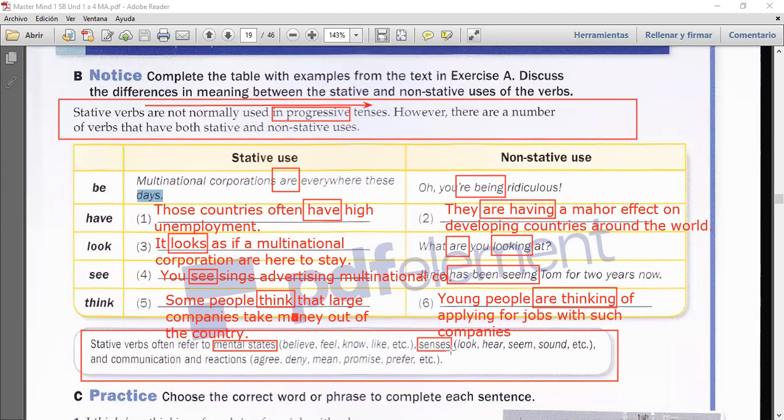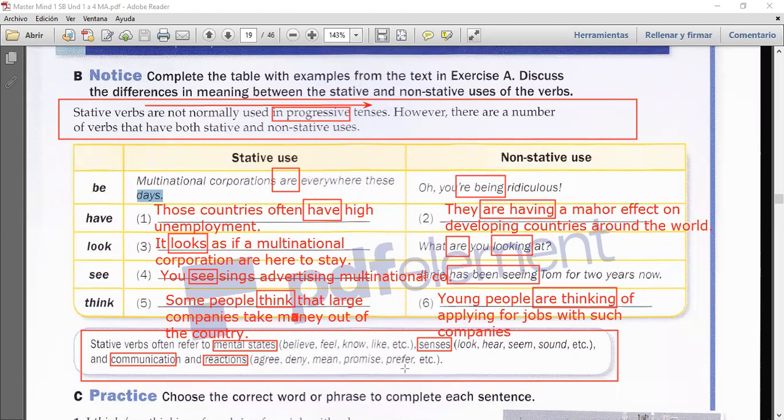Also, as you can see, they are divided in groups. Mental state; sense: look, hear, seem, sound; and communication and reactions. Which ones? Agree, deny, mean, promise, prefer.